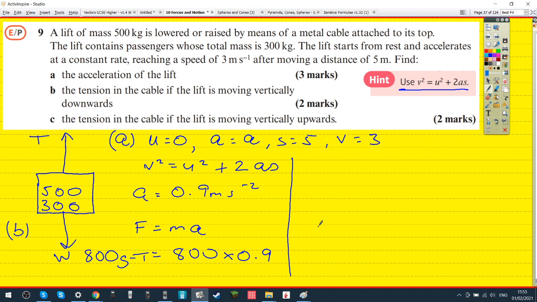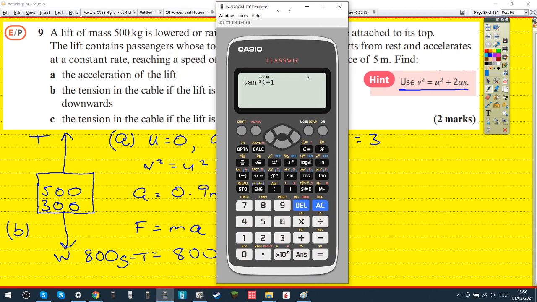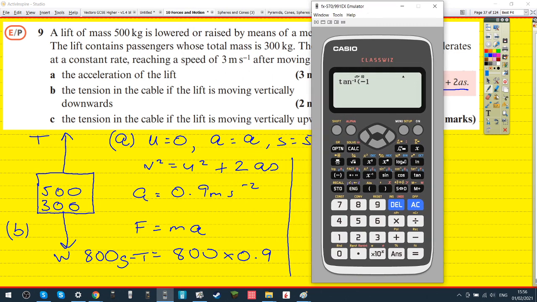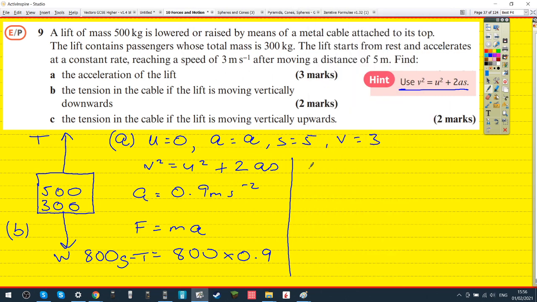It's acting against the direction of motion. So is it just 800 times 9.8? Yep. 800 times 9.8 minus T equals 800 times 0.9. I got 7,120. So tension is 7,120 newtons. Okay. And then part C.